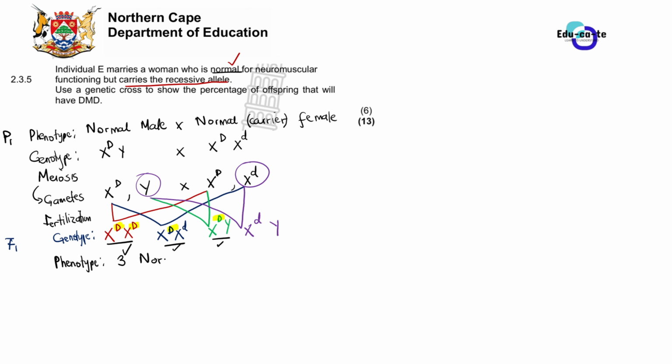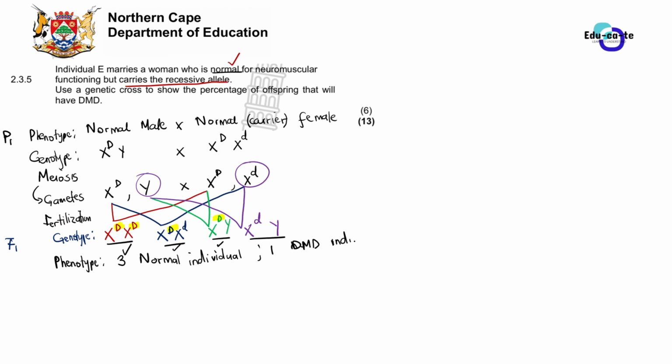So these are 3 normal individuals. They didn't say we should be specific on male and female, but in actual fact, we have got 2 normal females and 1 normal male. And then the last possibility, this one in purple, X with a small letter d, is a male that has got the condition. So it is 1 individual with a condition, one DMD individual.